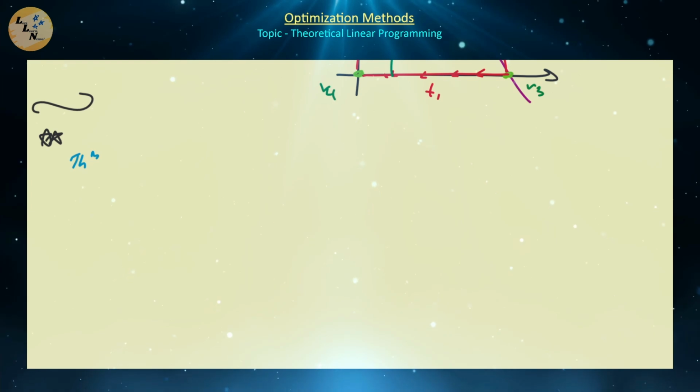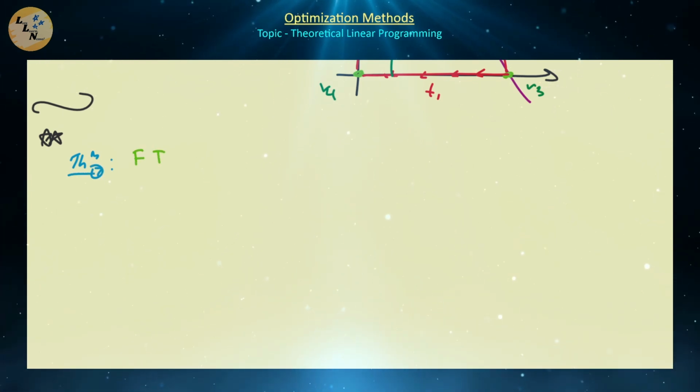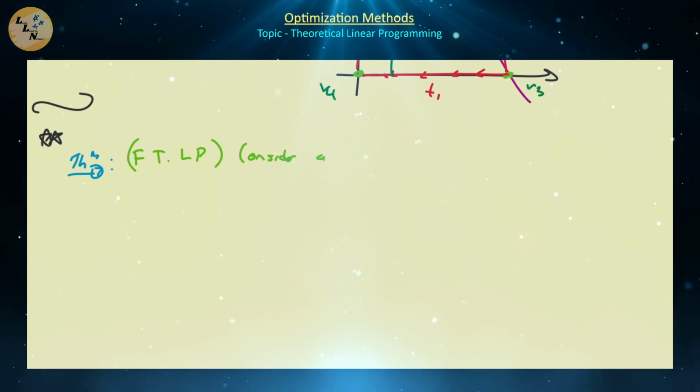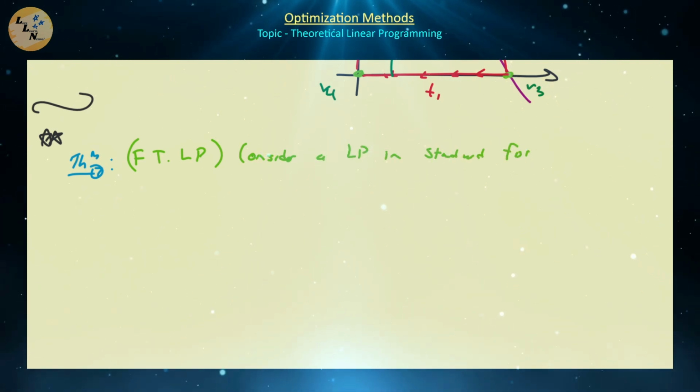So this is theorem number 7, which is sometimes referred to as the fundamental theorem of linear programming. The fundamental theorem of linear programming. So consider a linear program in standard form.